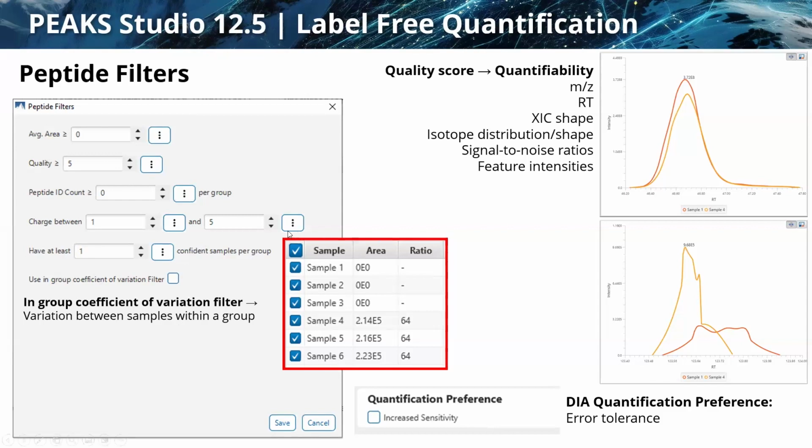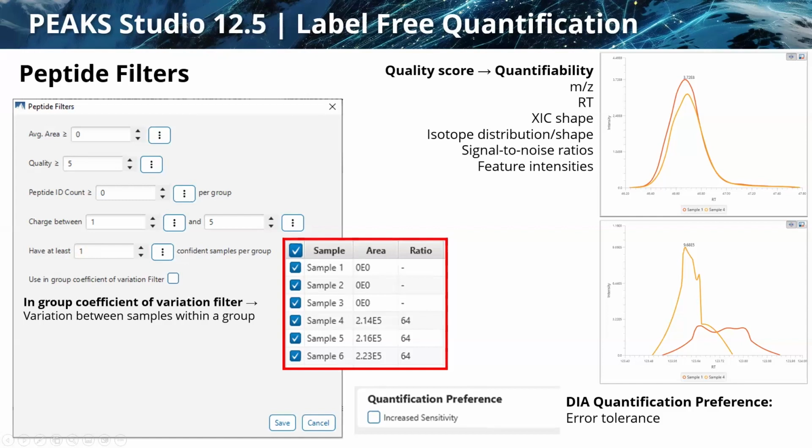So I have this little example here showing samples 1, 2, and 3, which consist of one group that all have an area of 0. It essentially was not found in those 3 samples. But then samples 4, 5, and 6, it was found quite consistently within that group. If you have at least one confidence sample per group or peptide ID count set to 1 or more, these types of cases are going to be completely filtered out.